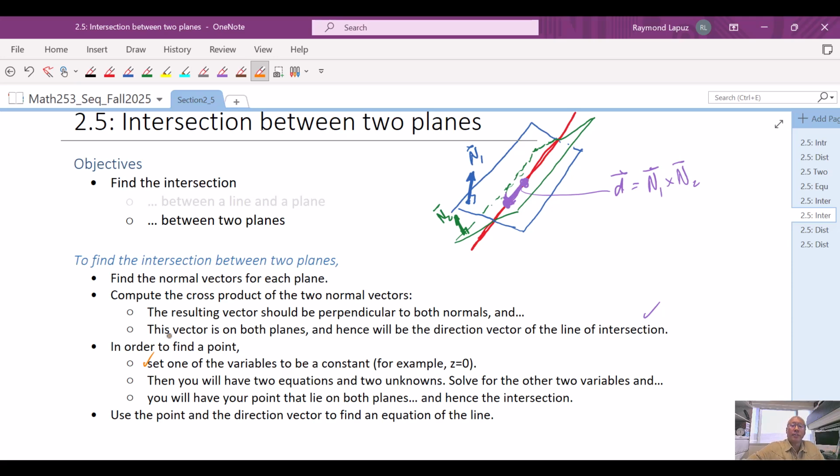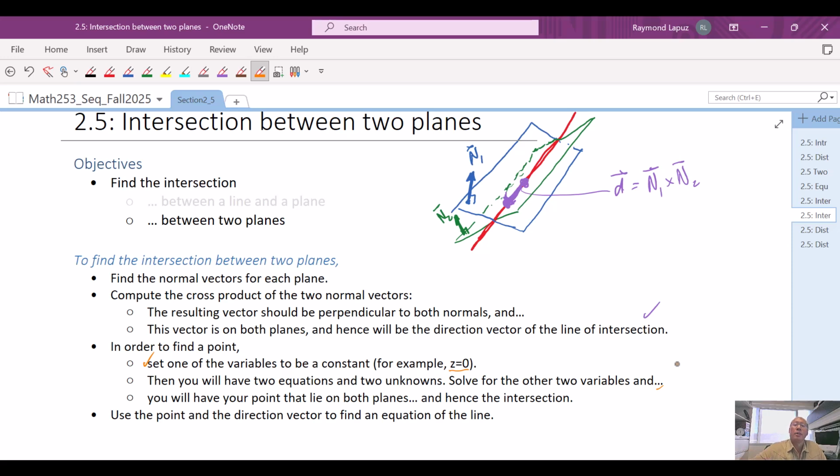The idea after setting something equal to 0 or any number is that you will not have that variable anymore, and out of the two plane equations, you will just have two equations and two unknowns. With two equations and two unknowns, you should be able to solve, and that would give you a point of intersection between those two planes.